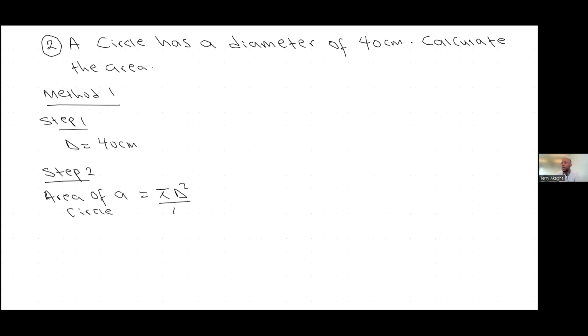Which is going to give us pi times 40 squared divided by 4. And step 3, you simplify. You punch this into your calculator. It's going to give you 400 pi centimeters squared, or if you punch it, it's going to give you 1256.64 centimeter squared.